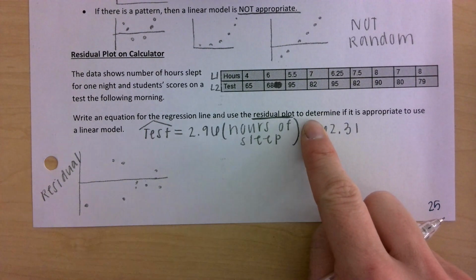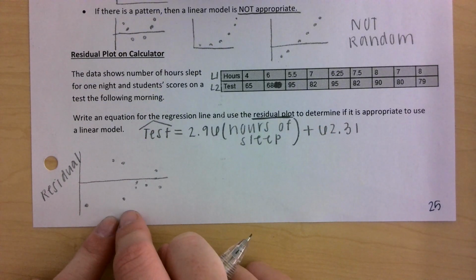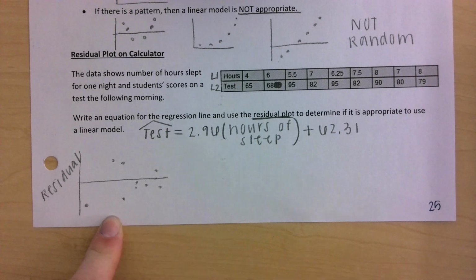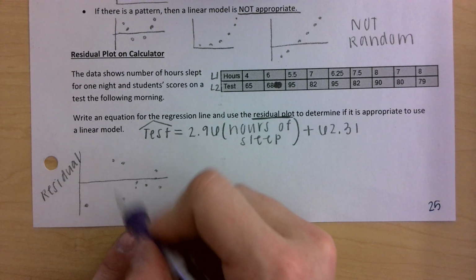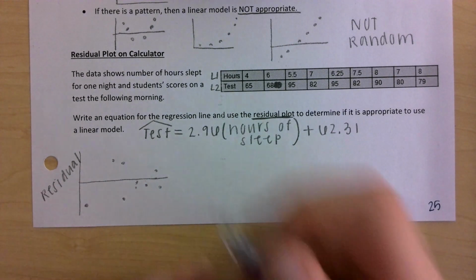Now we have enough to determine if it's appropriate to use this linear model by analyzing our residual plot. If you think this residual plot is random, then you can say yes, it's appropriate to use a linear model. If you think this residual plot has a pattern, you will say no, it is not appropriate. I think this is quite random. There's dots on top and on the bottom of this horizontal line.